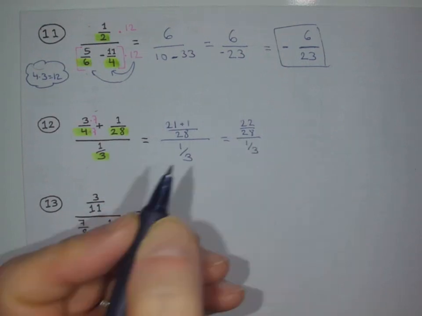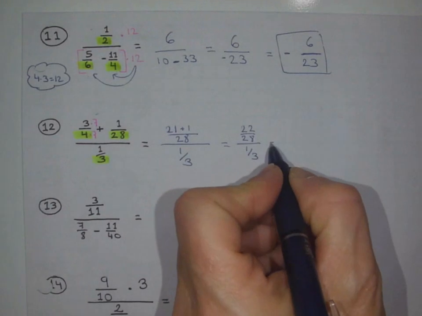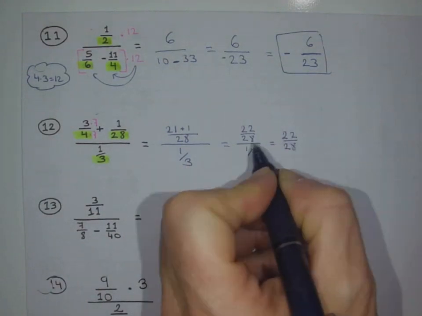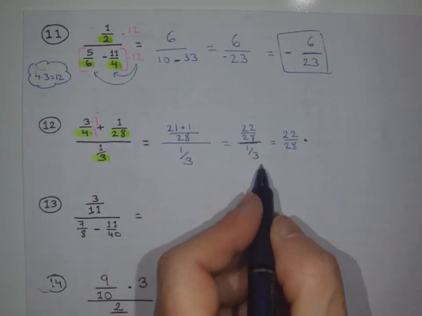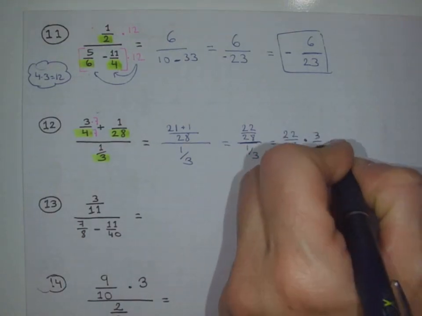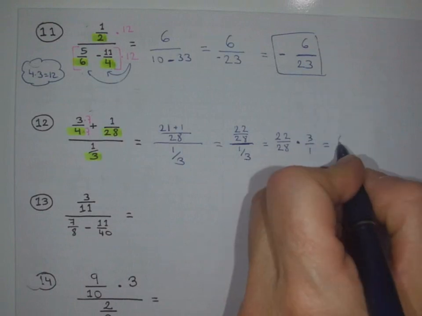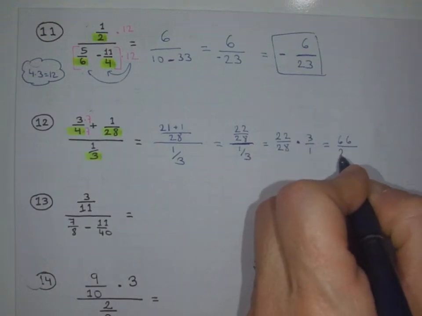And at this point I have a fraction divided by a fraction, so I'm going to keep my numerator fraction, change this division to a multiplication, and multiply by the multiplicative inverse of the bottom, so 3 over 1. This will give me 66, and 28 times 1 is just 28.